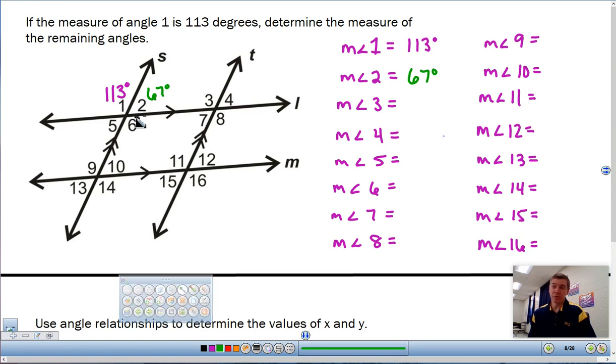Angle 1 and angle 6 are vertical. Vertical angles are congruent. So the measure of angle 6 is 113 degrees. Angles 2 and 5 are also vertical and thus have the same measure.